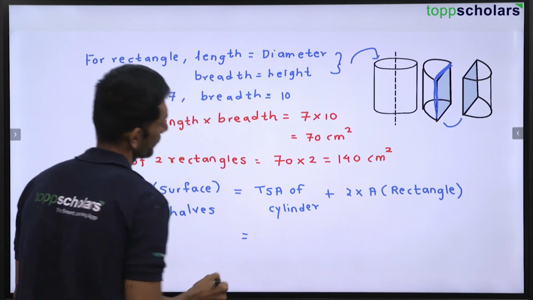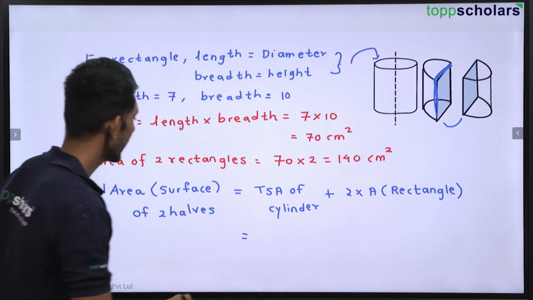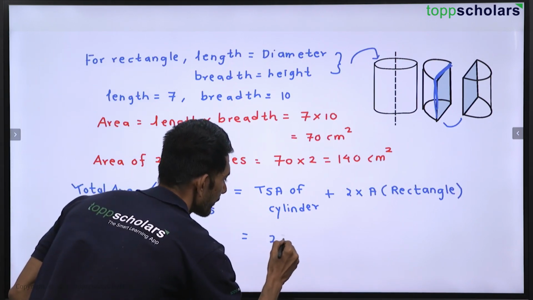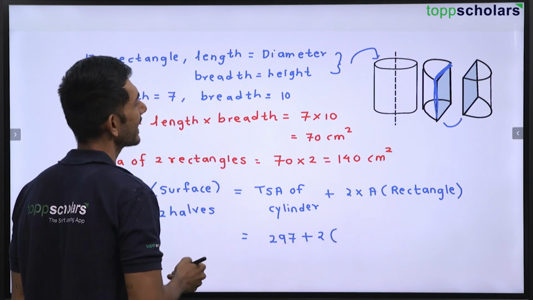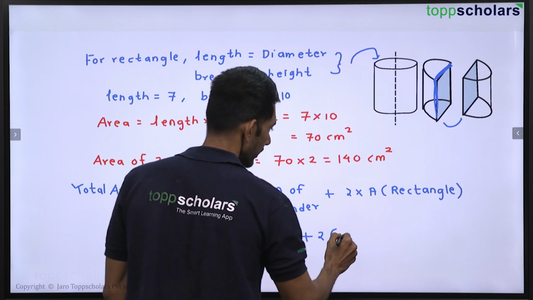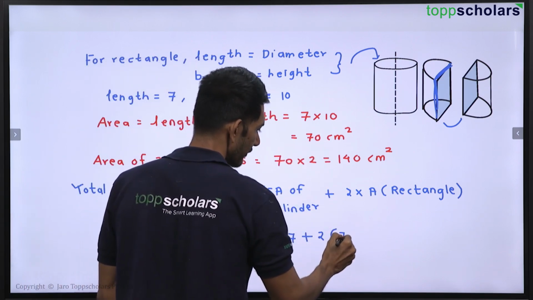That is equal to the total surface area of the cylinder, which we have already calculated. How much? 297, plus 2 multiplied by the area of the rectangle. How much is the area of the rectangle? It's already 70, that is 2 into 70, 140.